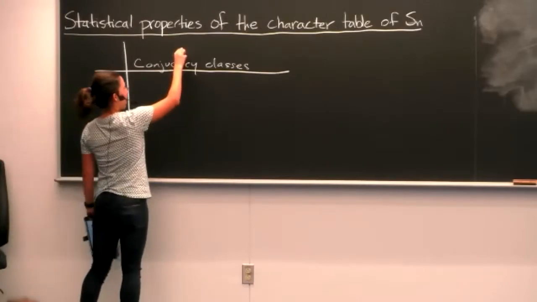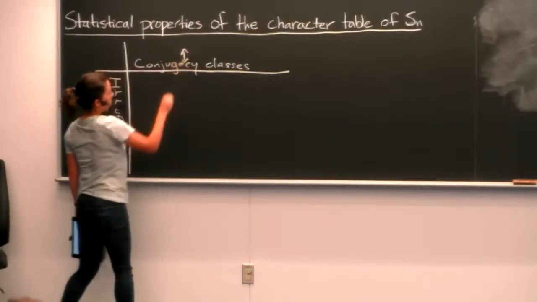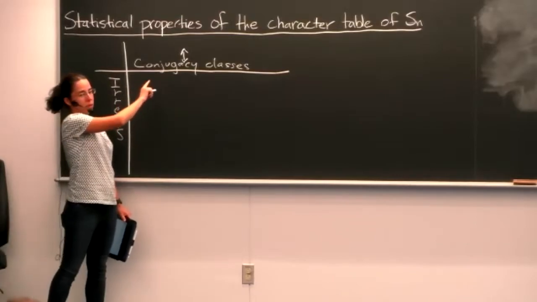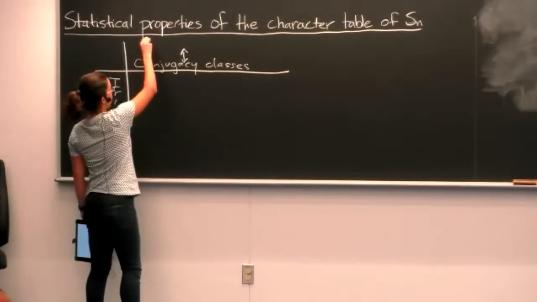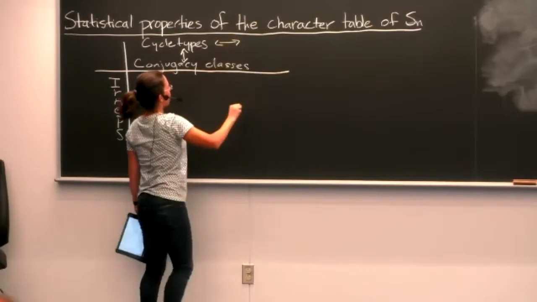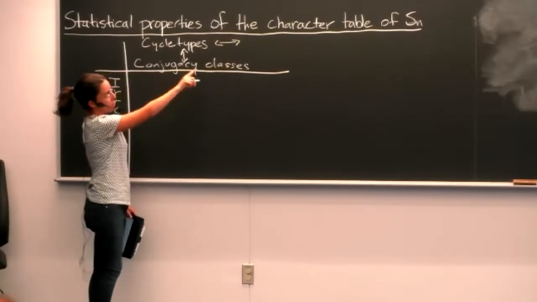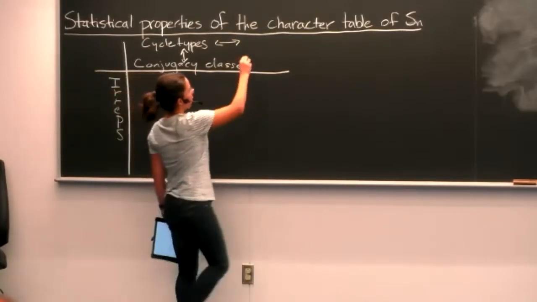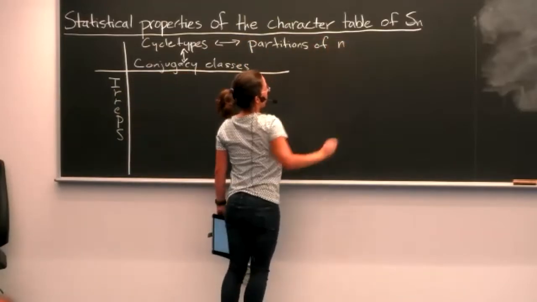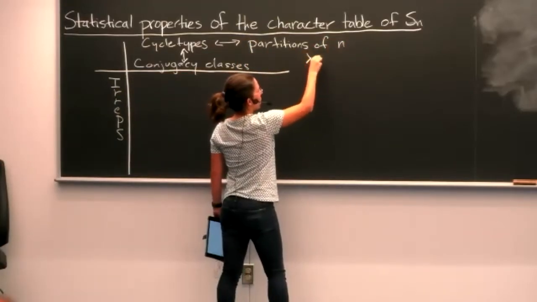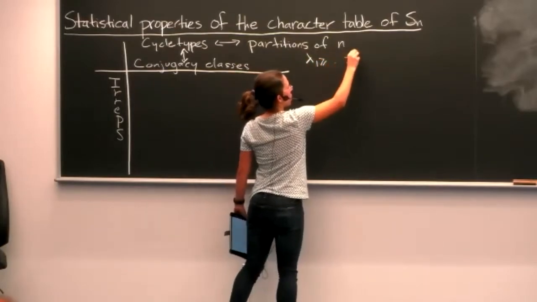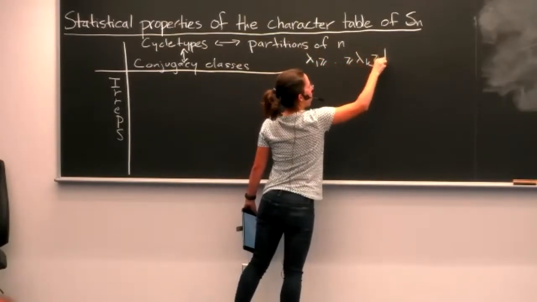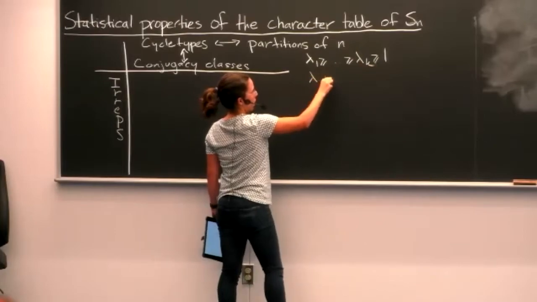And there is a one-to-one correspondence between the conjugacy classes of the symmetric group and cycle types. And then there's a one-to-one correspondence between cycle types of permutations on n letters and partitions of n, that is, decreasing sequences of positive integers that sum to n.